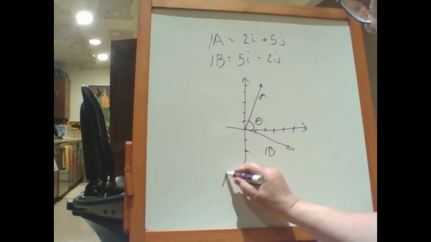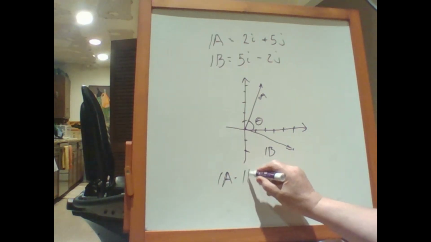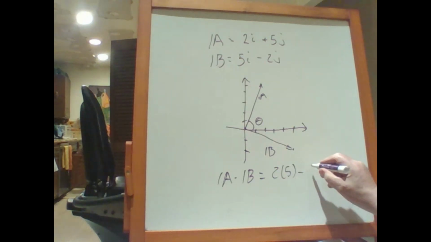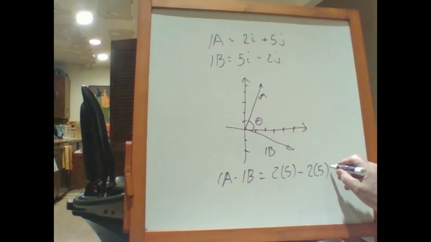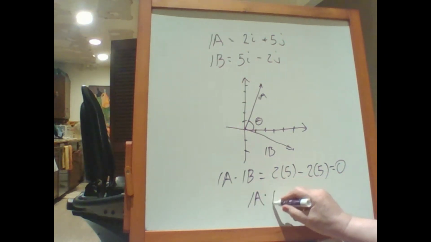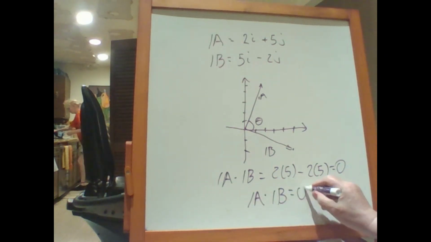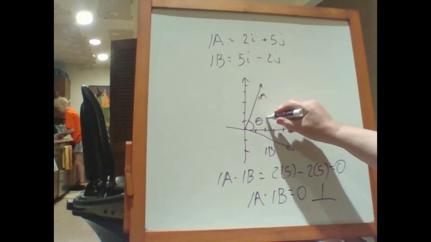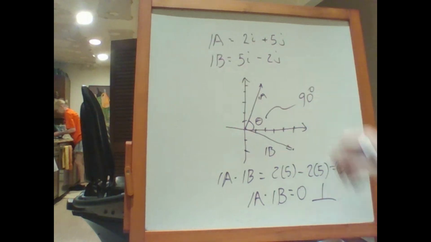But if we do A dot B, we have 2 times 5 minus 2 times 5, and that's 0. So A dot B equals 0. They're perpendicular. The angle theta will be 90 degrees.